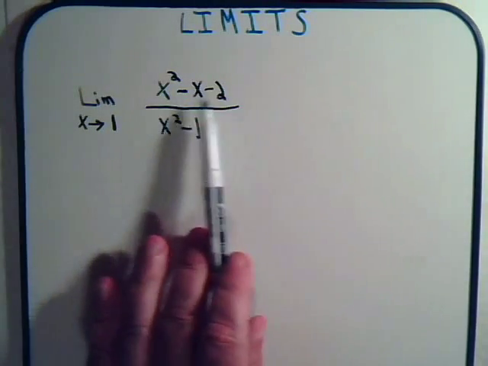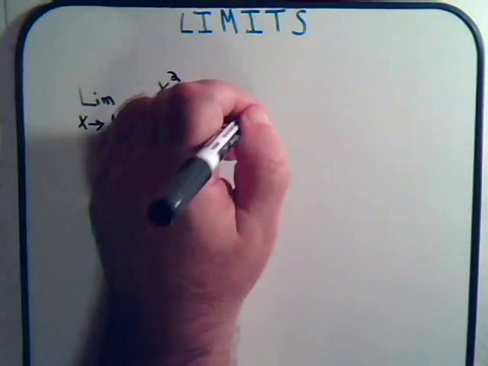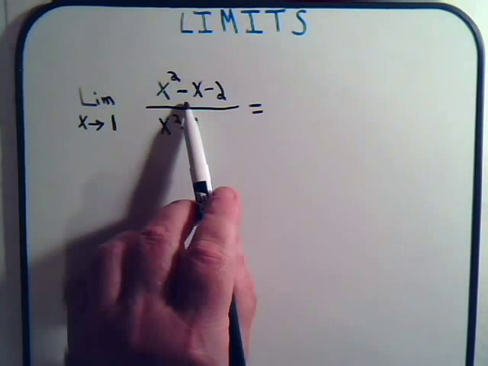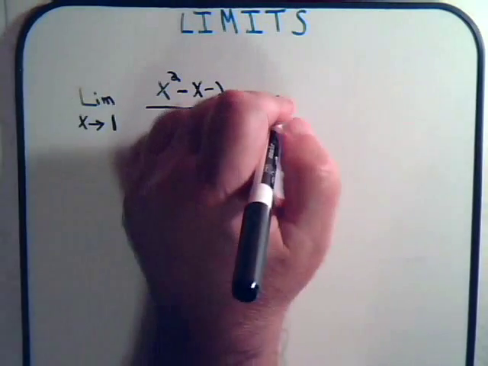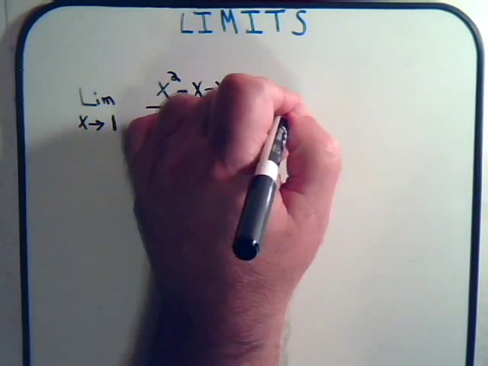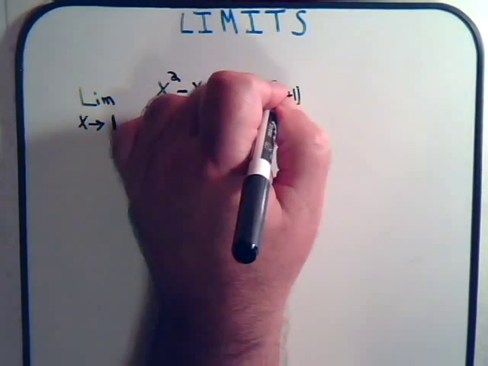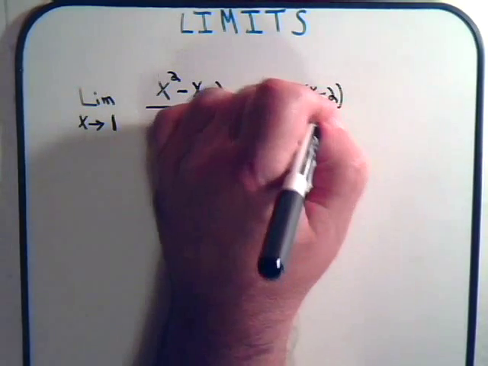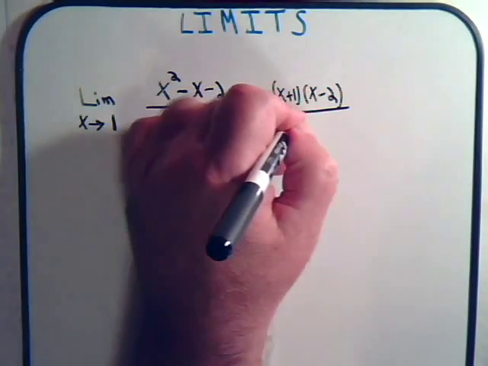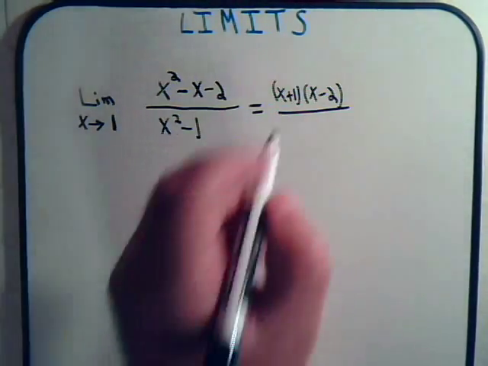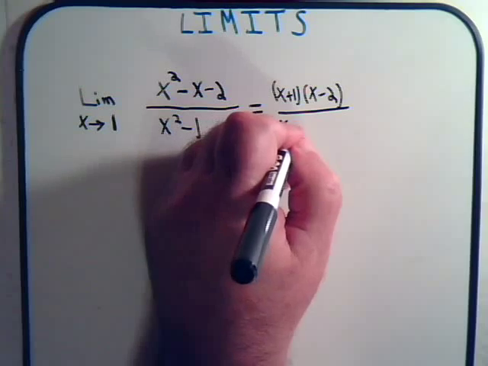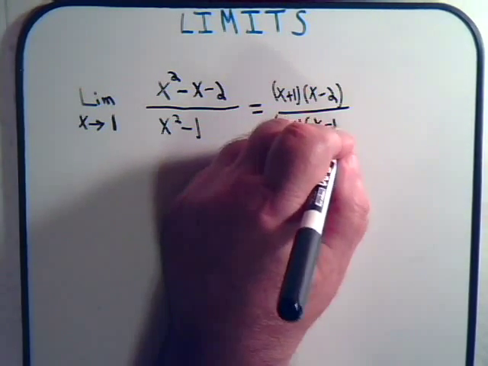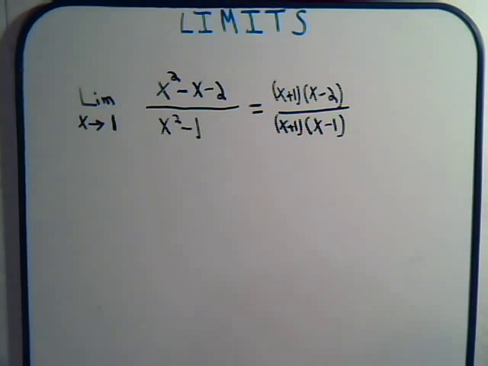It looks like we can do some factoring here, so this would be equal to, up here we could write x plus 1 times x minus 2. And here we have the difference of two squares, so we have x plus 1 times x minus 1.